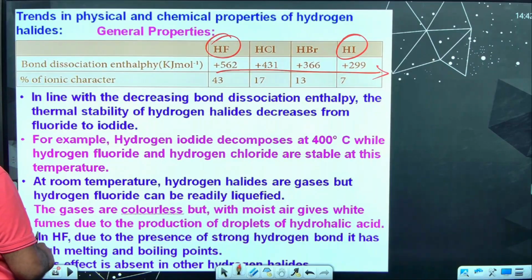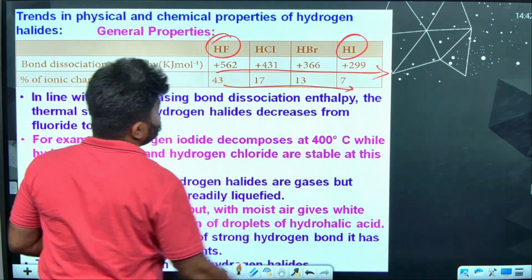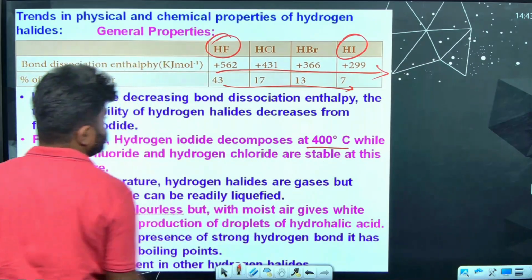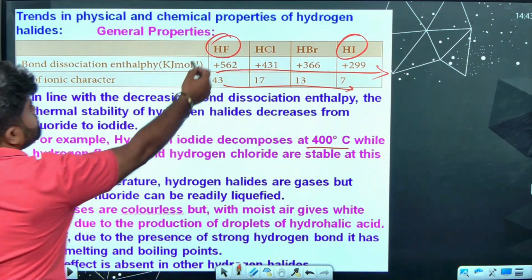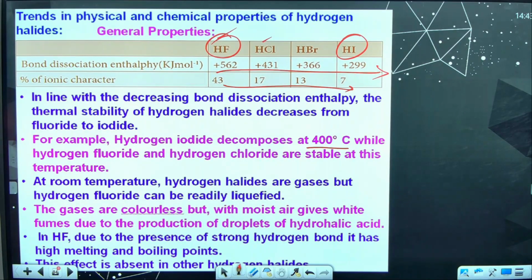Also you can see the percentage of ionic character. Ionic character also decreases when you go from HF to HI. All right, and you can see the physical properties, say for example the decomposition temperature of hydrogen iodide, it is around 400 degree Celsius, but HF, HCl, all these do not get decomposed at 400 degree Celsius.